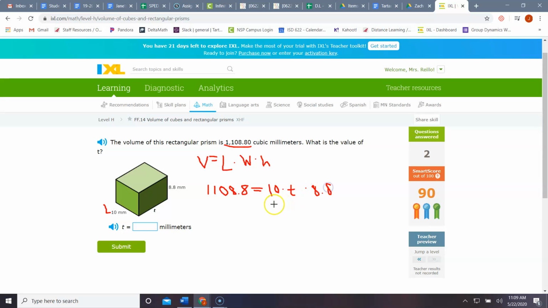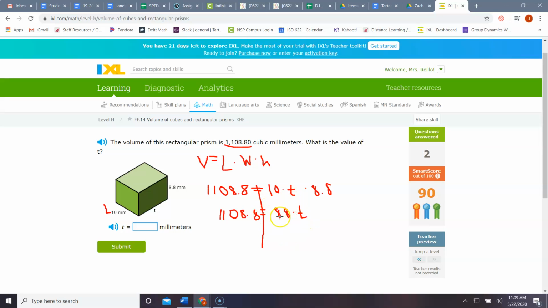Okay, now we're just going to solve. Go ahead and draw your line. Here's our variable, so we want to get our variable, T, alone. We're going to multiply first 10 times 8.8, which gives us 88 times T over here. Then we'll bring down our 1108.8.